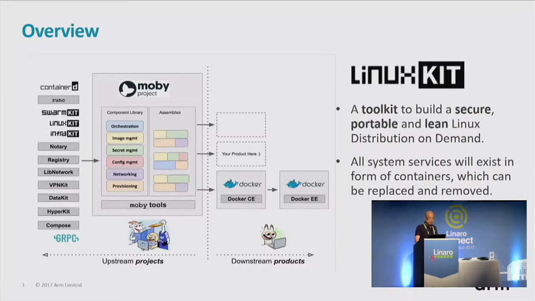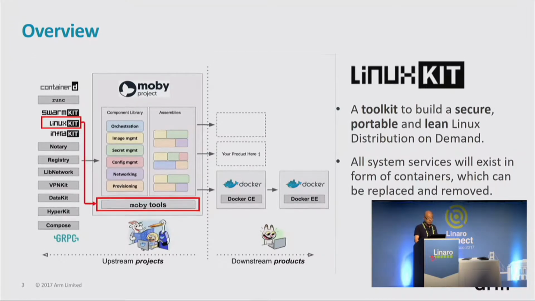So from this diagram, we can see where the LinuxKit and the Moby tool are, and we also know how they interconnect with each other. For example, we build the LinuxKit distribution from a YAML file, and generate the final product.